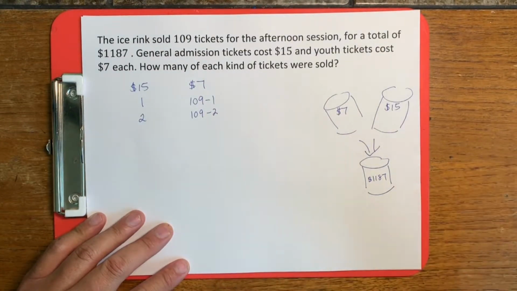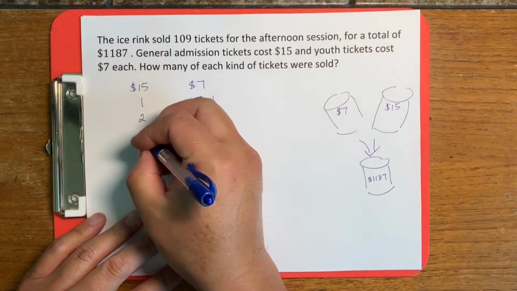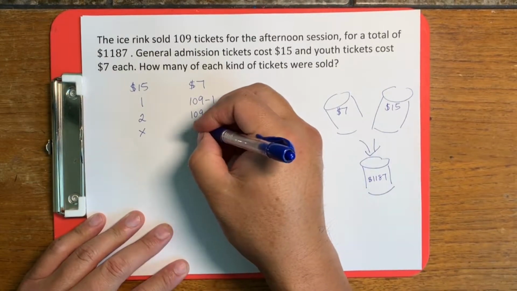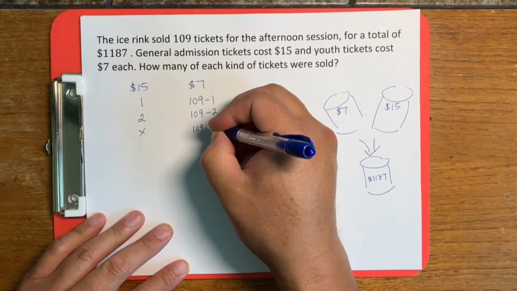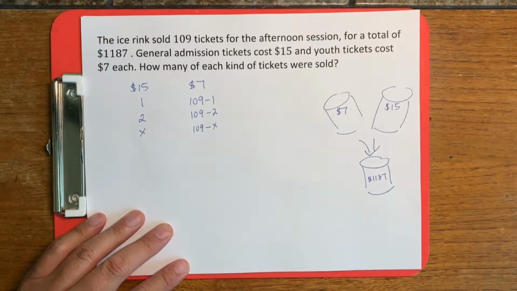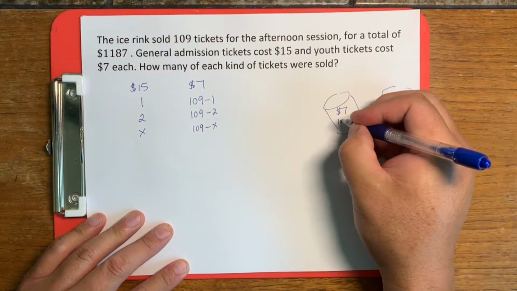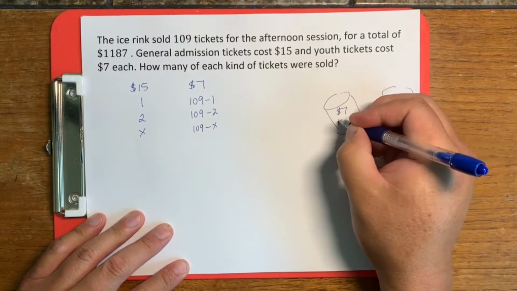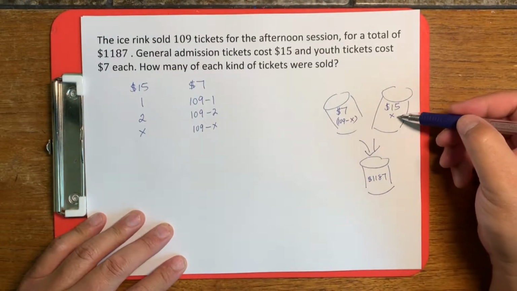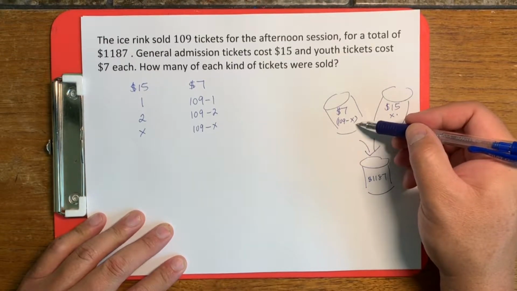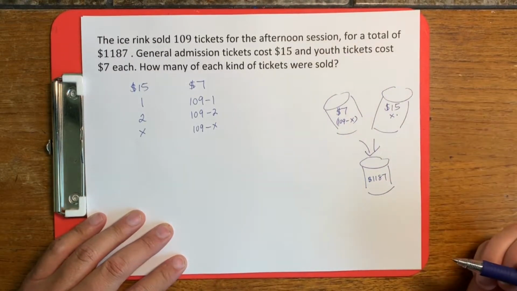So we can start to see a pattern that if I sold x tickets, then I would have to have sold 109 minus x tickets. So what we'll do is we'll put x here, and we'll put 109 minus x here. If I sold this many $15 tickets, I would have sold 109 minus x $7 tickets.